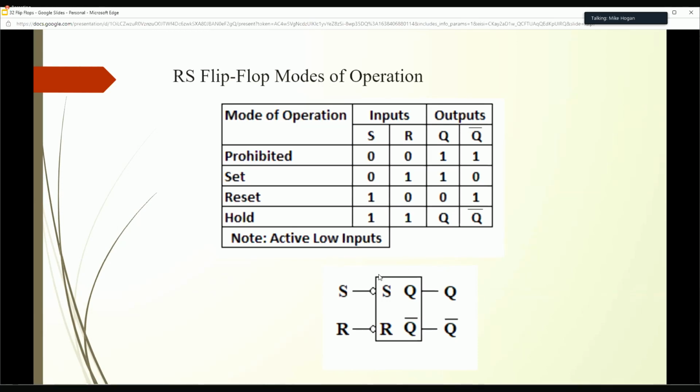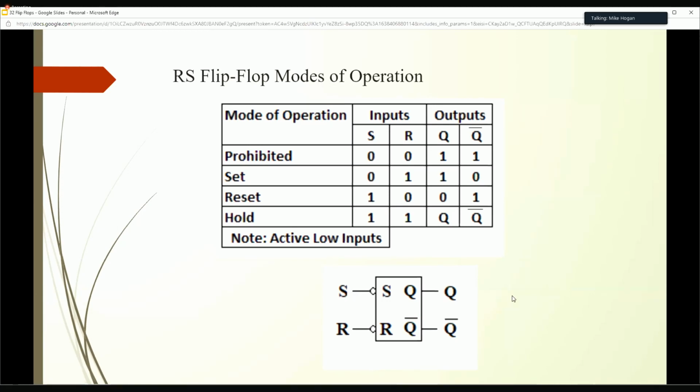So let's say Q was a 1, I mean, we just had a set, so Q was a 1. And then we get a 1 on both R and S. Well, Q is going to remain 1 until one of these inputs goes active. As long as they're both inactive, both high, Q is going to remain 1.